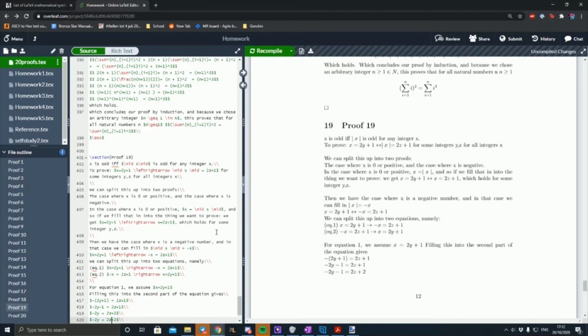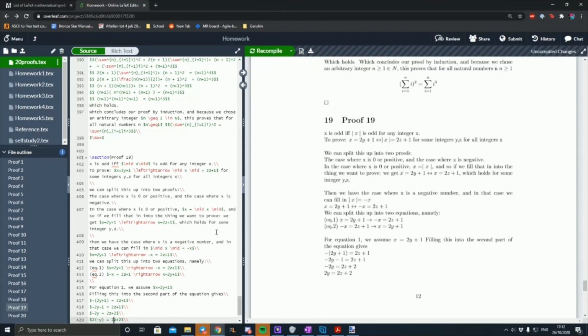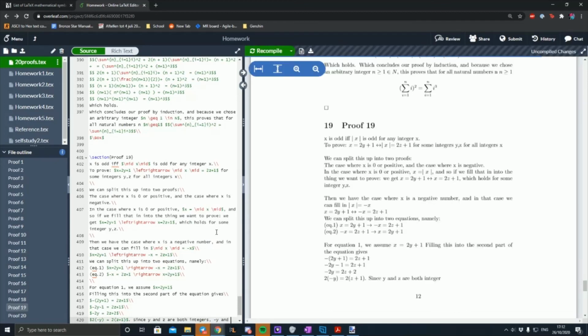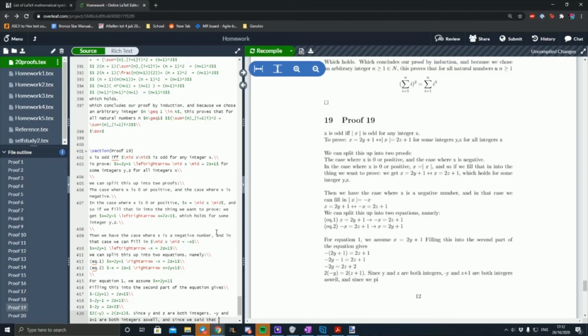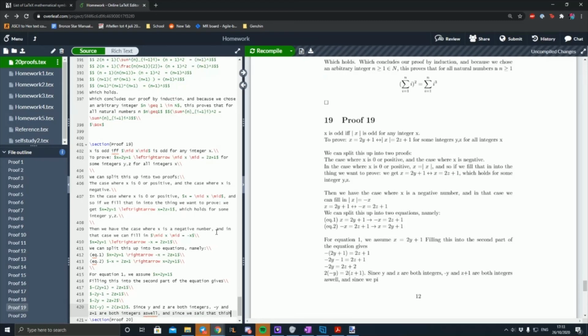Yep, and we can get a 2 out of here, say negative y, get a 2 out of here, say this is z plus 1, and then we can say since y and z are both integers, negative y and z plus 1 are both integers as well, and since we said that this should hold for some y, z, this holds.